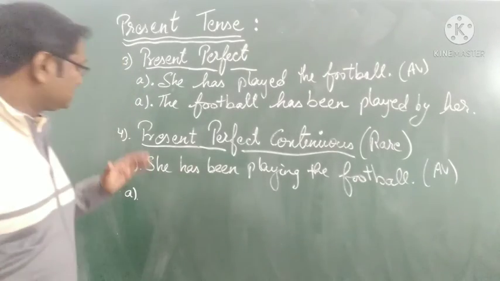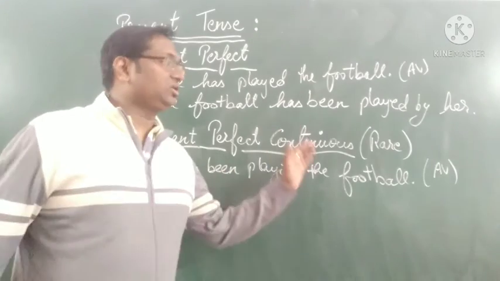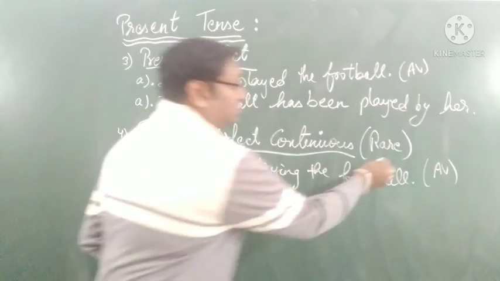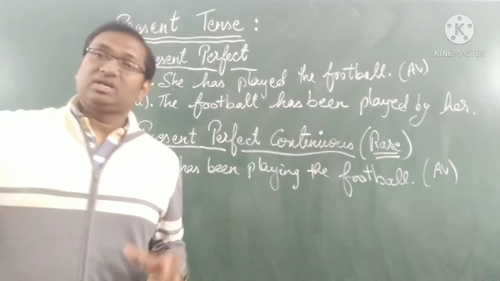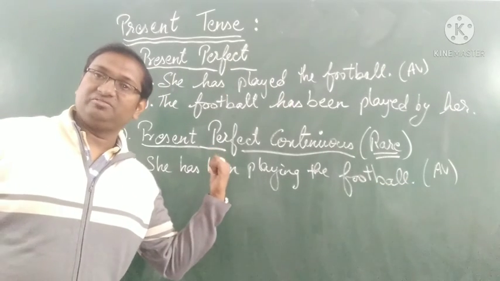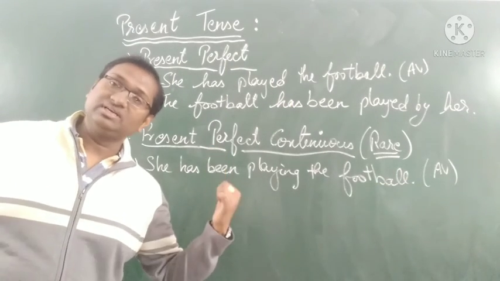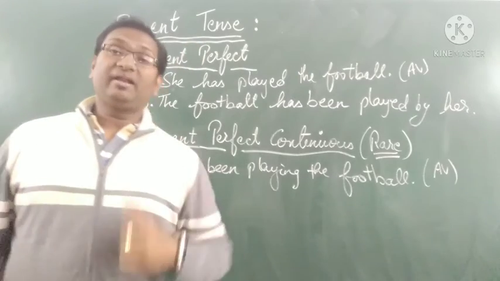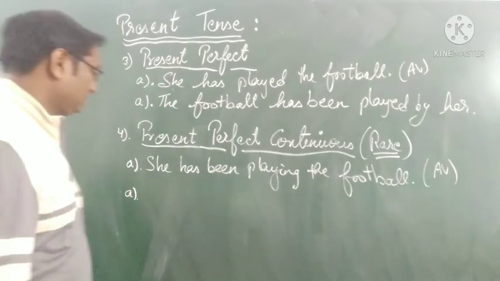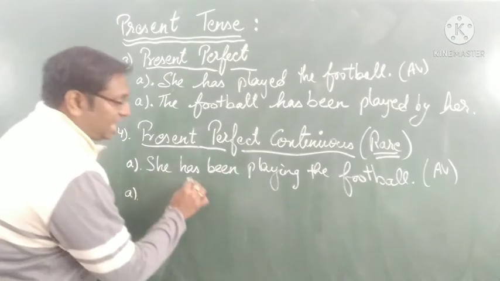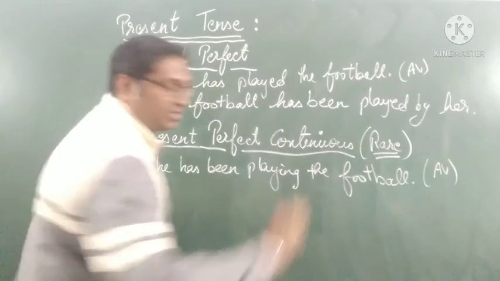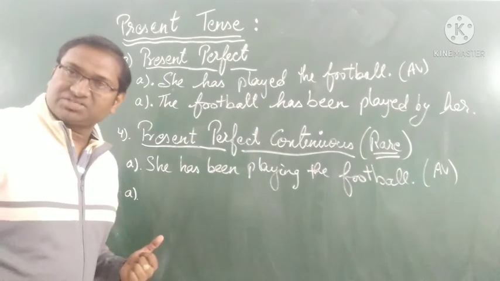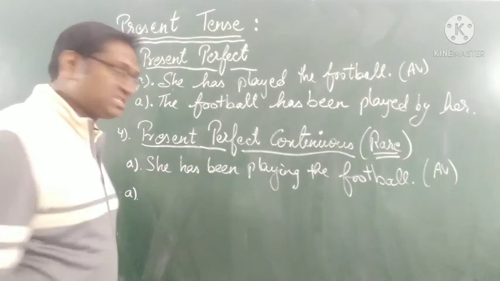Clear? Next, present perfect continuous, and see, rare. This active and passive of present perfect continuous is your rare sentence. She has been playing the football. This is your active voice. Convert this into passive.